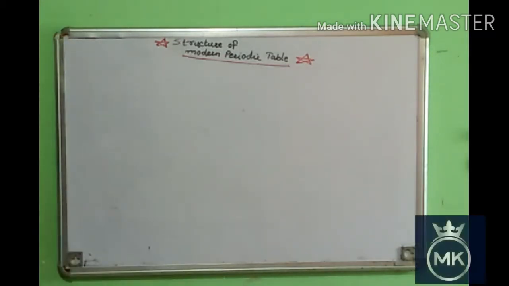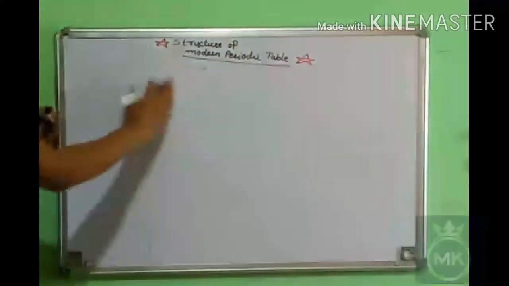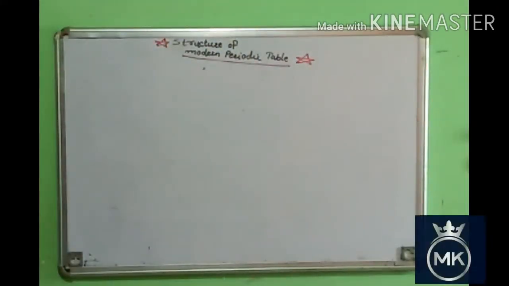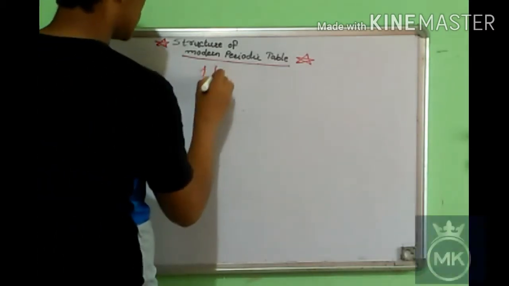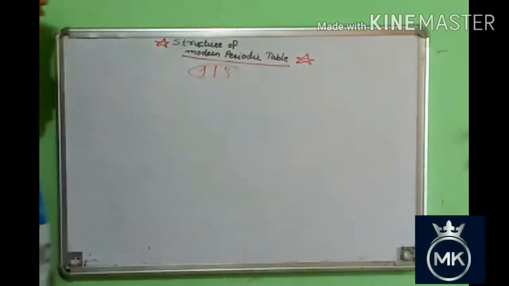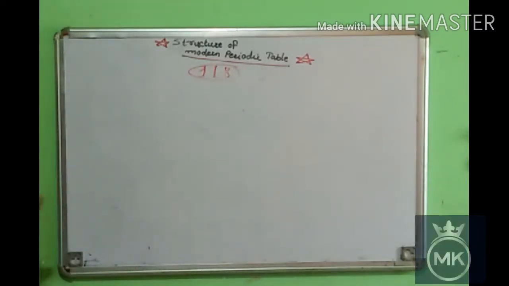If one element, then one box. So the number of elements included in the modern periodic table is 118. So 118 boxes are included in the modern periodic table.